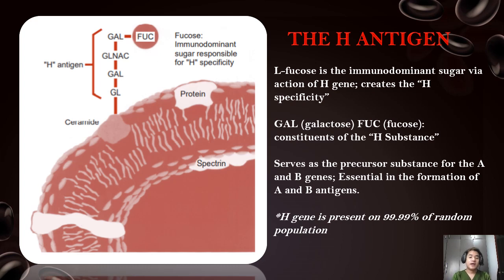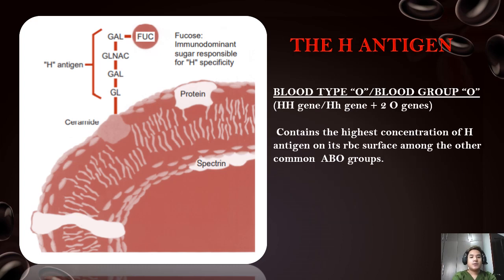And that's exactly why it was mentioned earlier that the H gene is present in 99.99% of the random population. So recalling our mode of inheritance, the O gene is actually an amorphic or silent gene that is incapable of producing antigens.